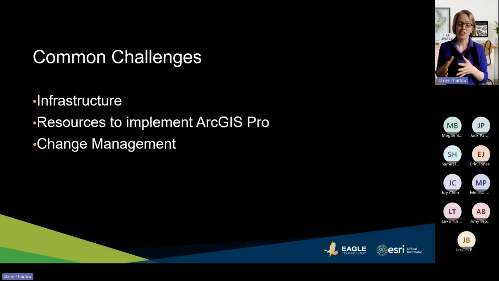But change doesn't stop when people are fully on board with ArcGIS Pro. There will always be workflows that they maybe only do once a year, that they need a little time to figure out inside ArcGIS Pro. So part of the change management process is giving people the time they need to migrate processes and work out where the functionality is.